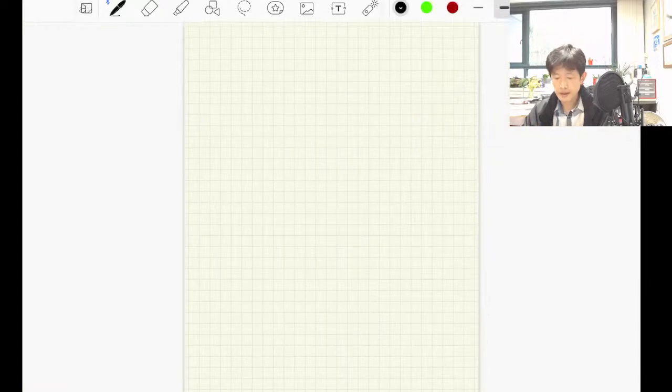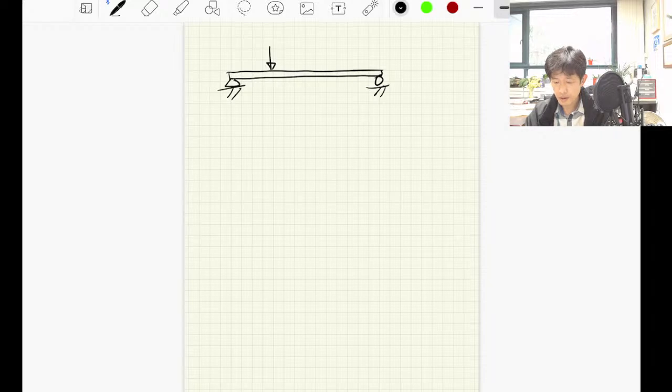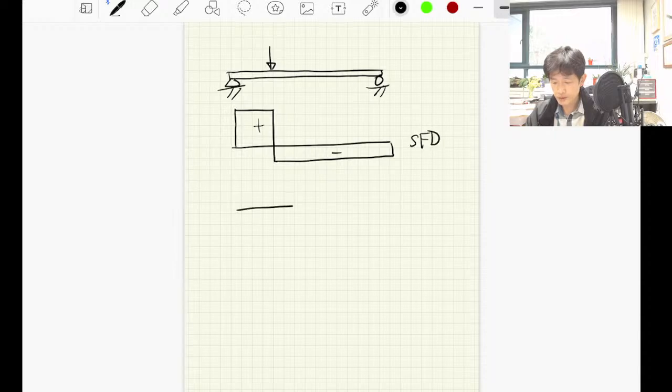First, let's consider a simply supported beam here, and then we can consider some force system. Then we can develop the shear force diagram. This is the shear force diagram, and then also we can construct the bending moment diagram.